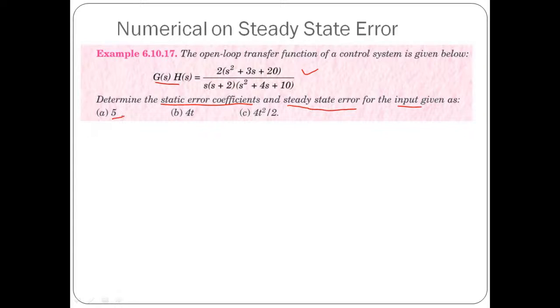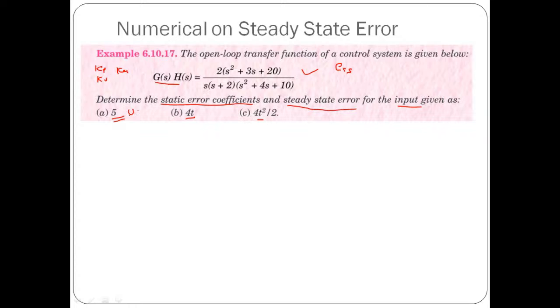In case 1 we have inputs like 5, then 40t, and then 40t square by 2. Here our objective is to calculate error coefficients like Kp, Kv, Ka, as well as the value of steady state error, ESS, in these cases, because this 5 is your step.